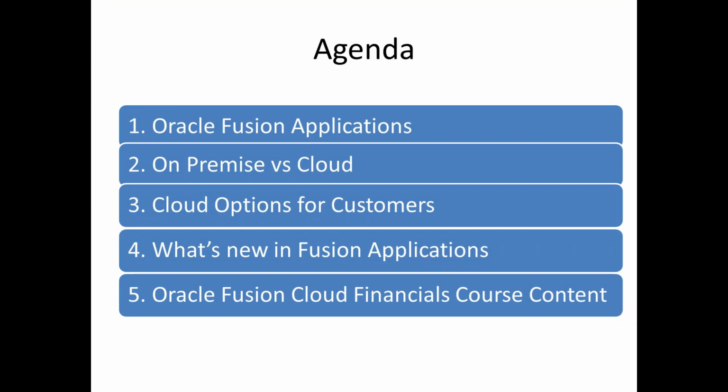This is what we are going to discuss in today's session. We'll talk about what it means by Fusion applications, the difference between on-premise and cloud, and different options available for cloud customers. I'll take you through a few highlighted features within the Fusion applications.